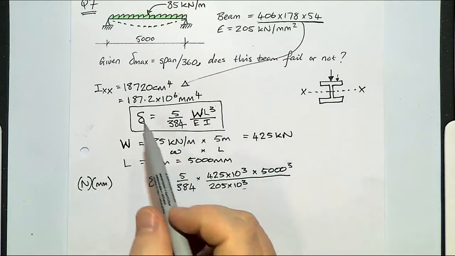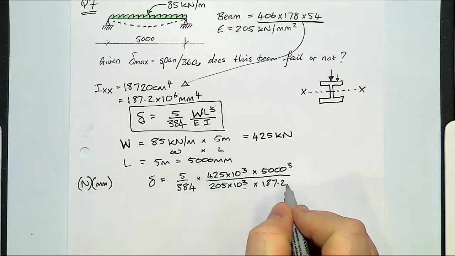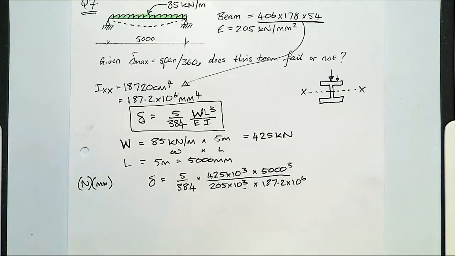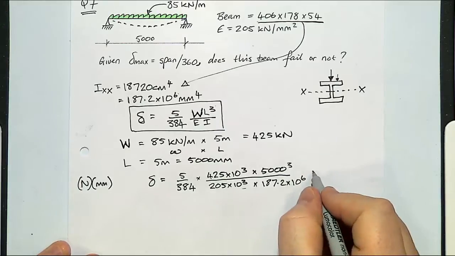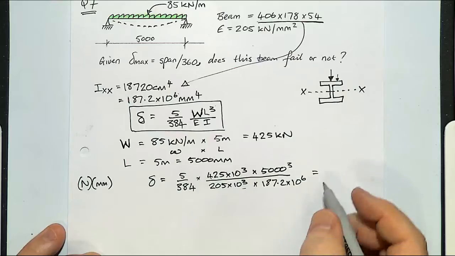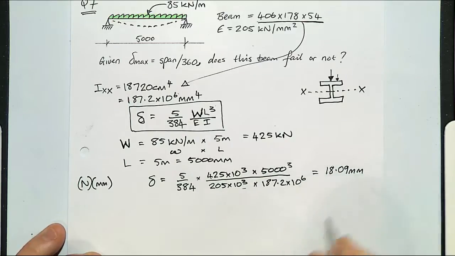And then our I value is 187.2 times 10 to the 6. That gives us an actual deflection of 18.09 millimetres.